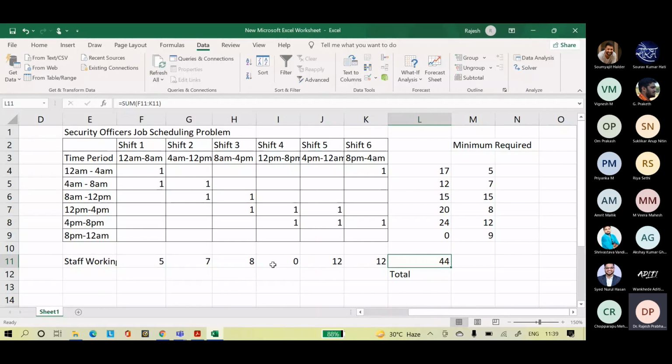Sorry, we are getting wrong here. How do you frame this problem? Actually, we need this many people who are higher than the minimum number to cover all shifts.